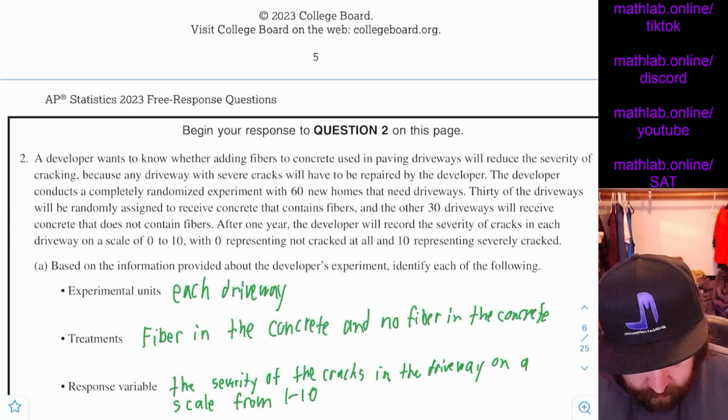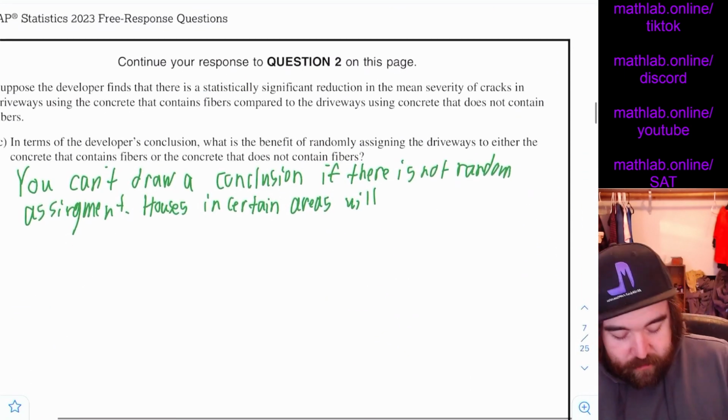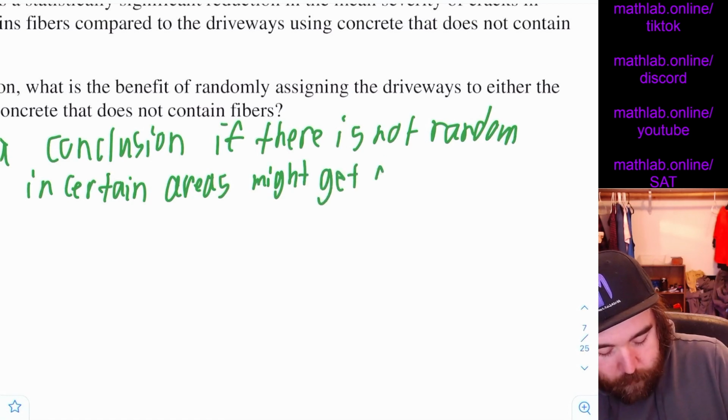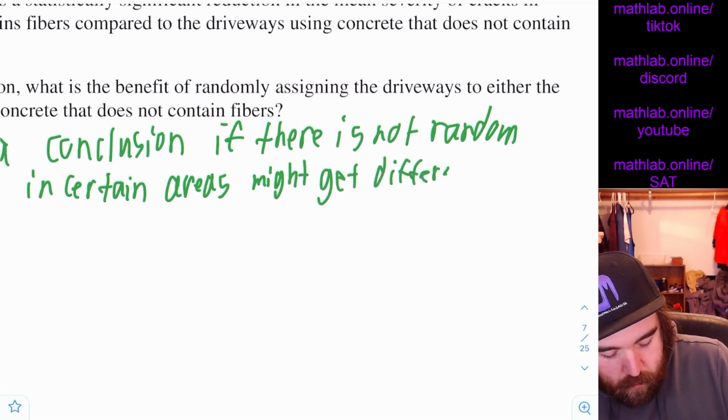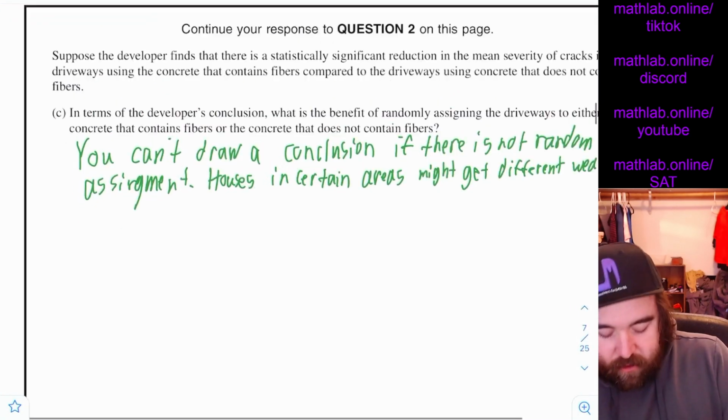Oh, also there are already new homes. We can still say properties though. Houses in certain areas might get different weather or get used harder.